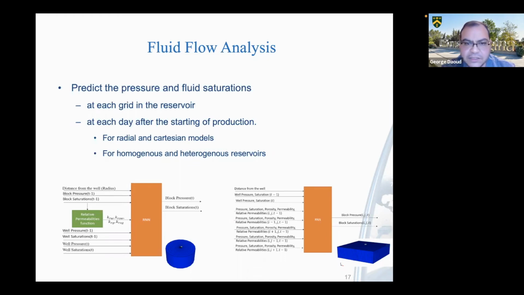And to predict these values, as Arif has described to you, we are using 2 kinds of information. One is the time information, because we are using the data of the previous day of this block, and the other is the spatial information, because we are using the surrounding blocks to calculate this value. We tried the radial model, which is shown at the left, and the Cartesian model, which is shown at the right, and provided neural network models for both of them.